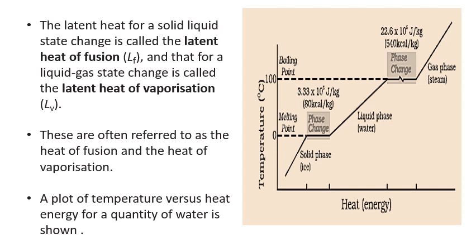Here is a plot of temperature versus heat energy for the given quantity of water. And you can see from the graph the solid phase, then the phase change, then the liquid phase, melting point, then again the phase change, boiling point, and then gaseous phase.